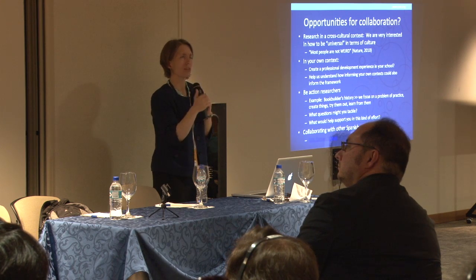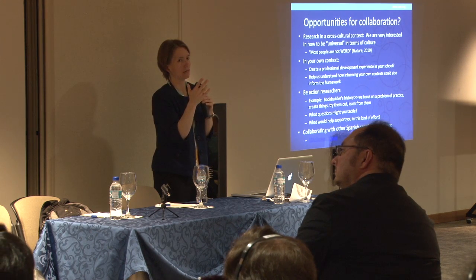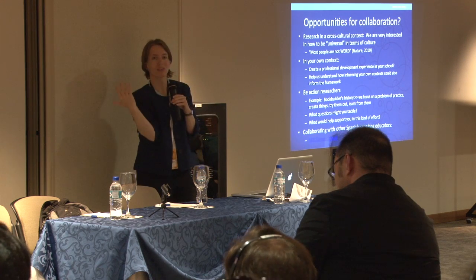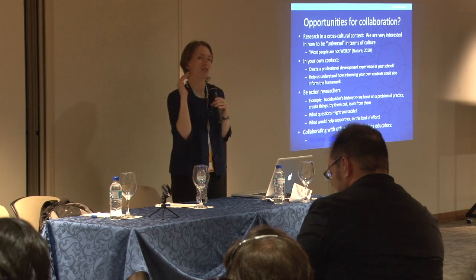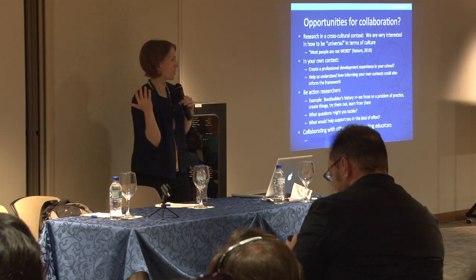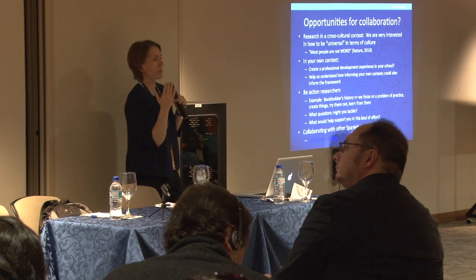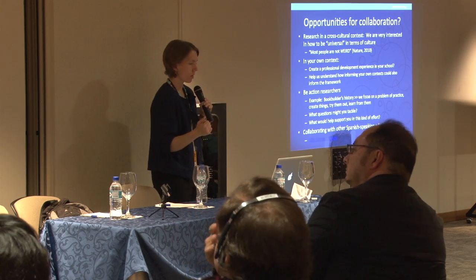WEIRD meaning Western, educated, industrialized, rich, democratic. So all of these conclusions are based basically on research done with college undergraduates in the United States. That is not representative of the diversity in the world. We absolutely recognize that, so we would love to work together to move beyond that.